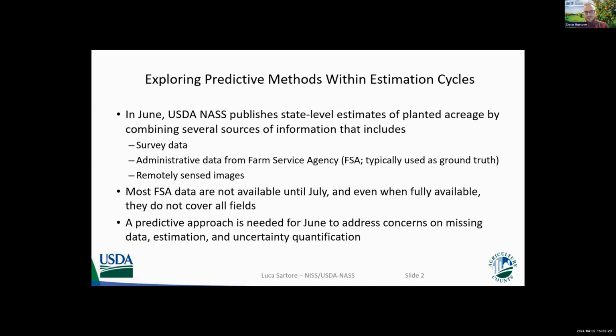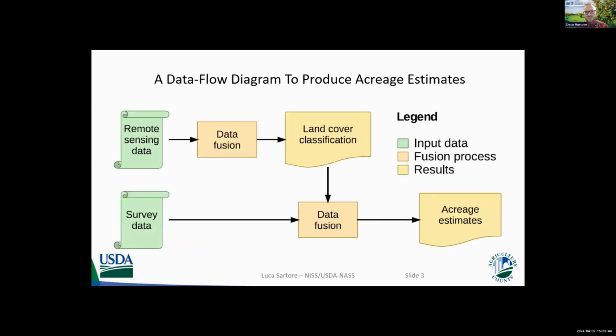And the other questions that we have addressed, or we're even still addressing, is related to the uncertainty quantification, how we can estimate standard error when we combine all this information. So currently, this is a very brief diagram that shows how the data flow for the estimation is occurring at NISS.